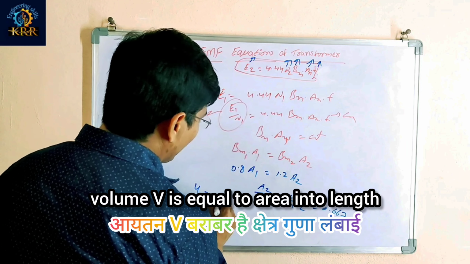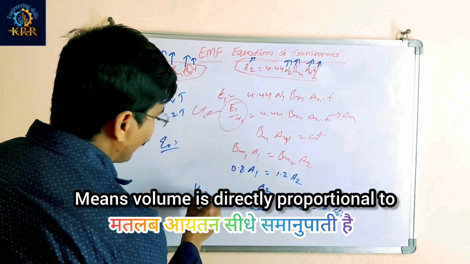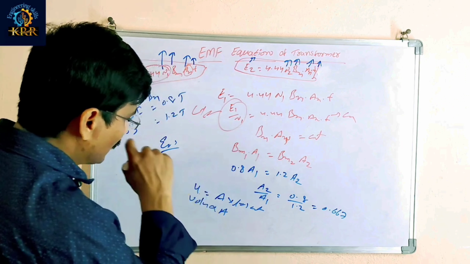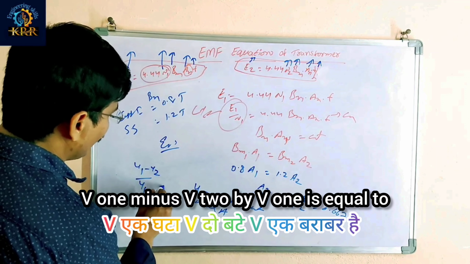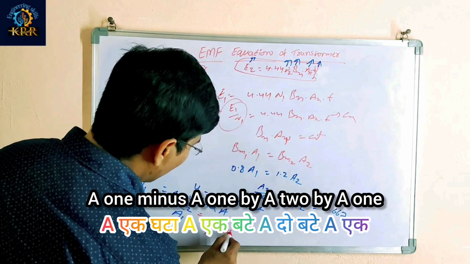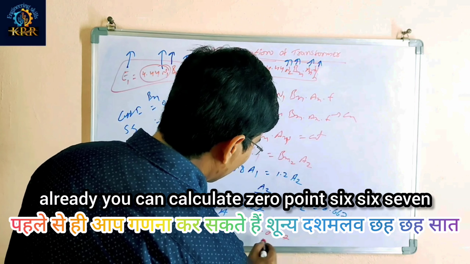Volume V is equal to area into length. Length should be constant, which means volume is directly proportional to area. So V1 minus V2 by V1 is equal to A1 minus A2 by A1, which gives 1 minus A2 by A1. A2 by A1 we already calculated as 0.667.